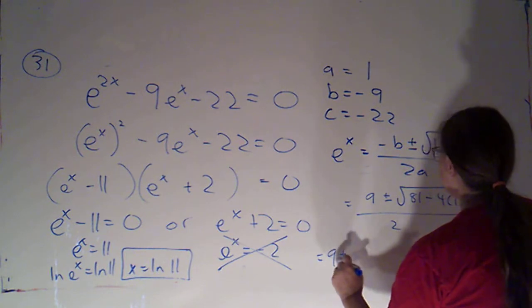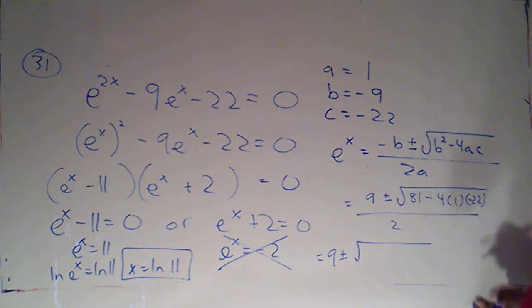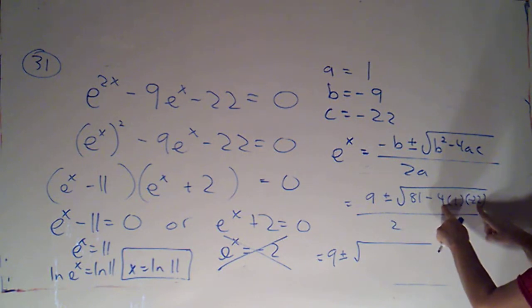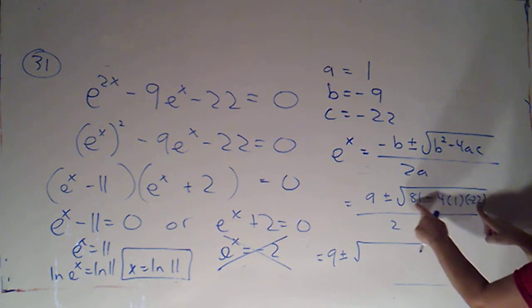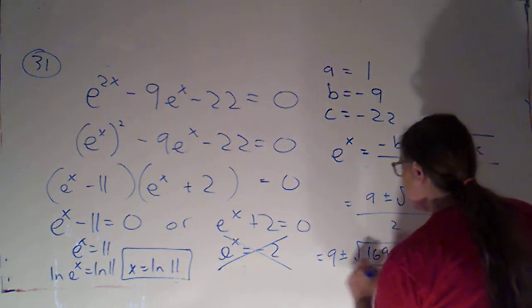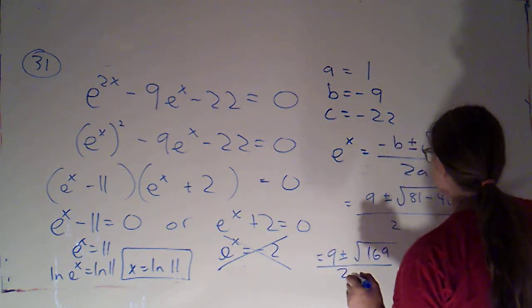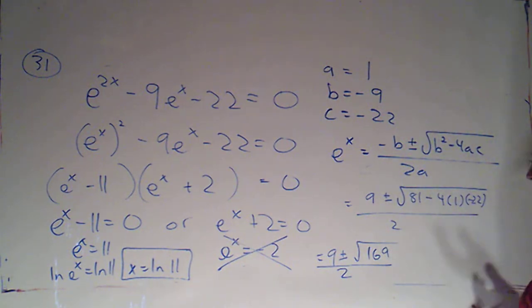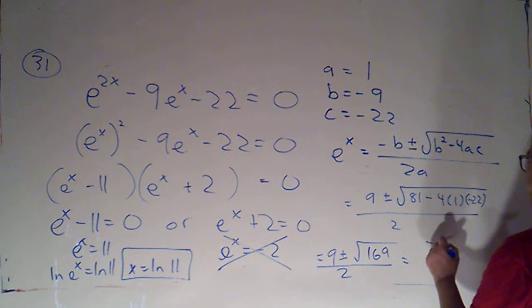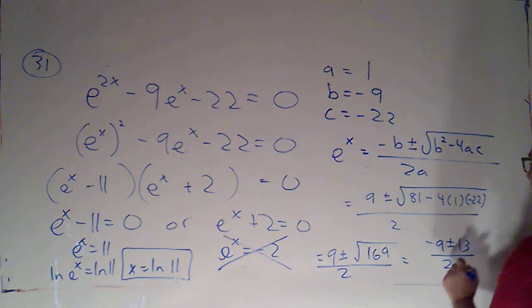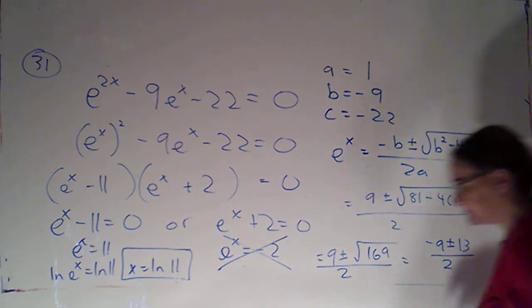These two negatives are going to cancel, so that becomes 88 plus 81, which is 169, all over 2. 169 is 13 squared, so this is 9 plus or minus 13 all over 2.